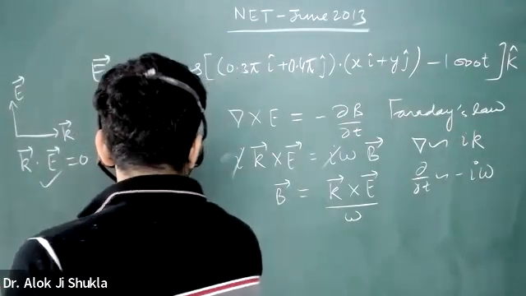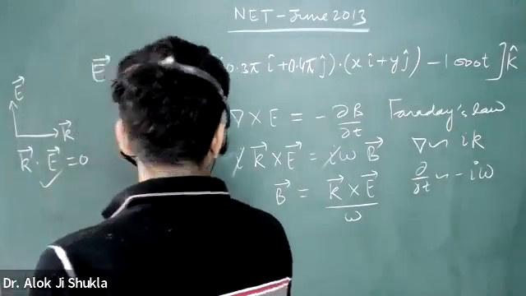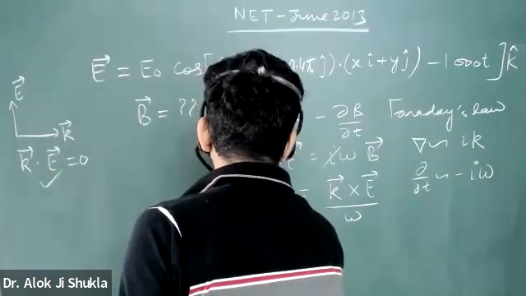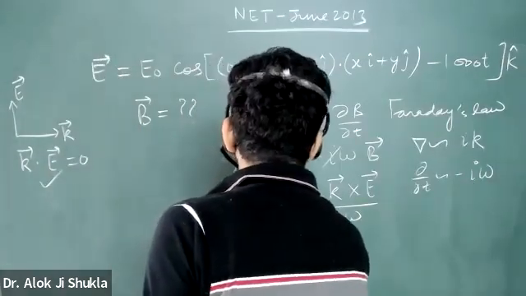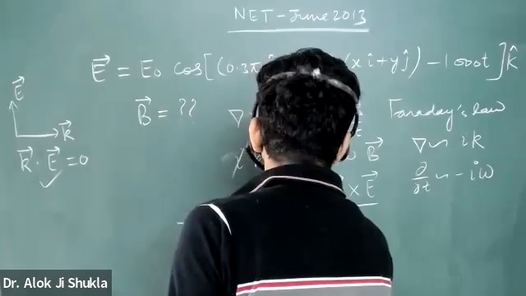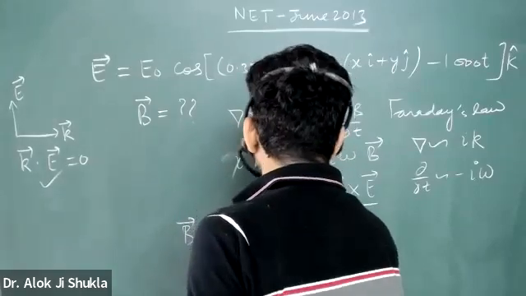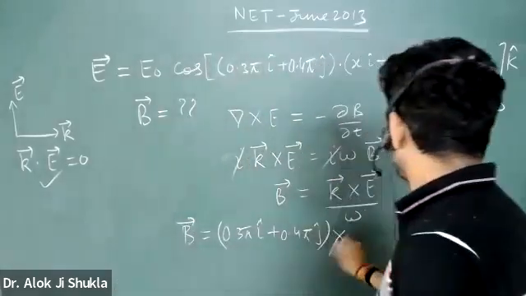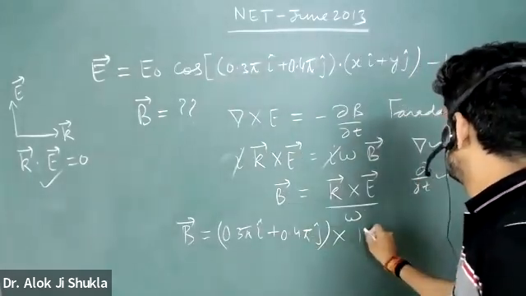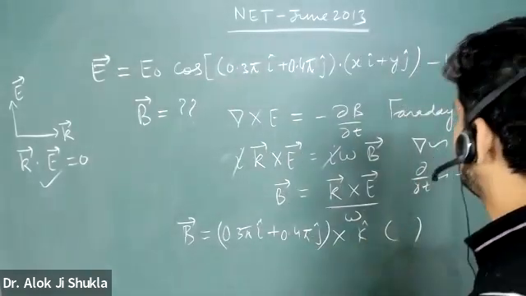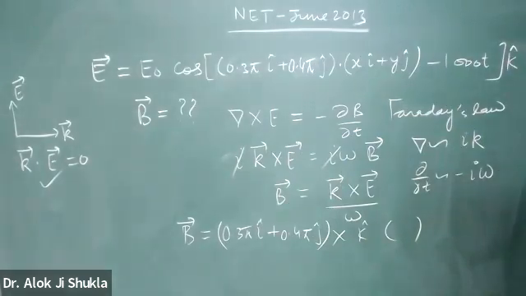So it will be B is equal to, what is K? 0.3 pi i cap plus 0.4 pi j cap cross K cap into E naught electric field K cap upon omega.